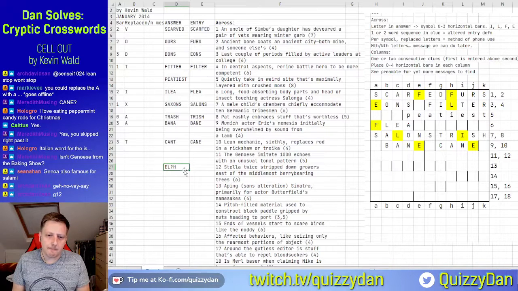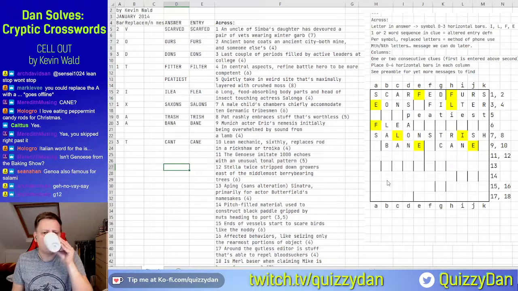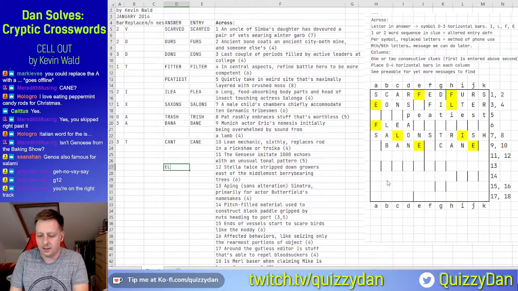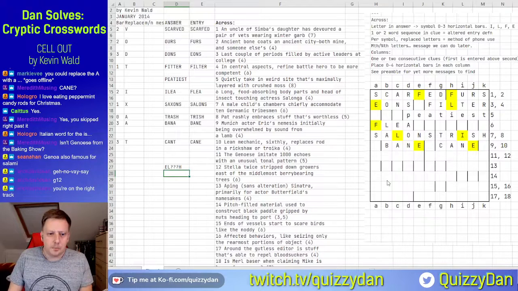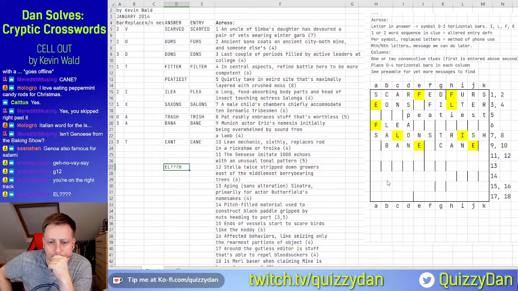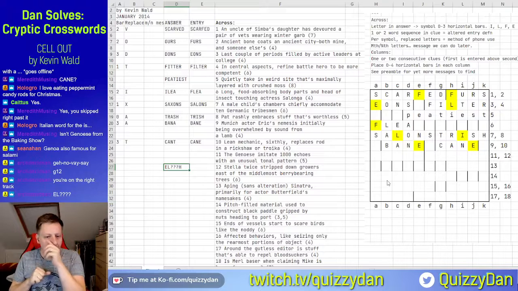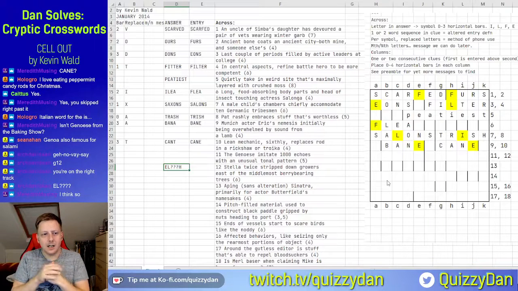Growers. Hint please, Arch. Stella twice stripped down. Is that EL? I'm definitely after that as a confirmation. I'm on the right track. Okay. Elvish has left the building. What's a grower? A grower is a weed, a farmer. What's a 3-letter term or a 2-letter term for a grower? Because we need growers.